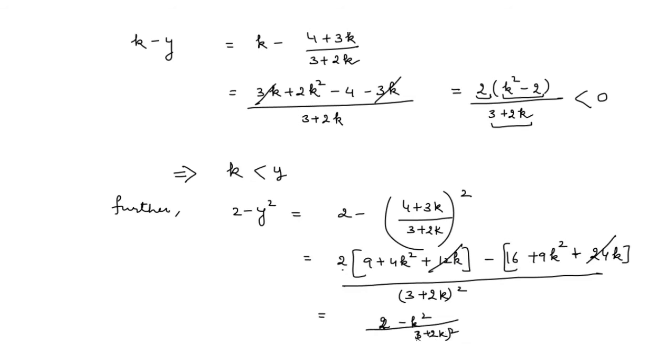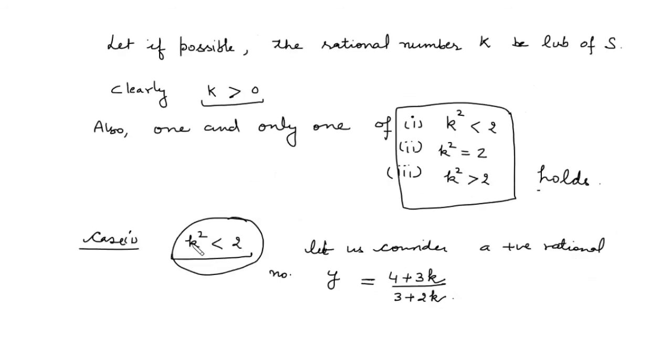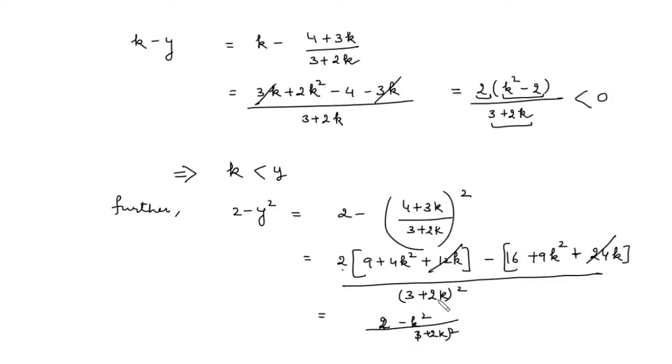Now clearly this is positive, and 2 minus k square is also positive. This point is clear. From here, 2 minus k square will be greater than 0. So the whole number is strictly greater than 0.